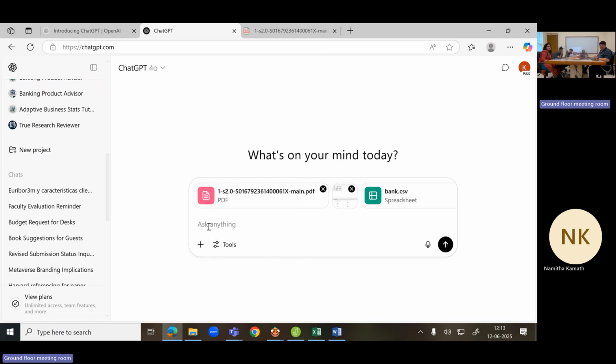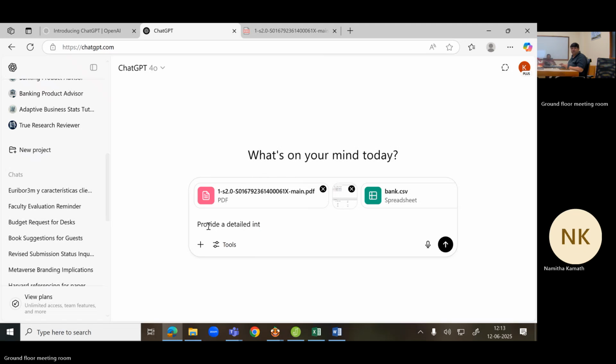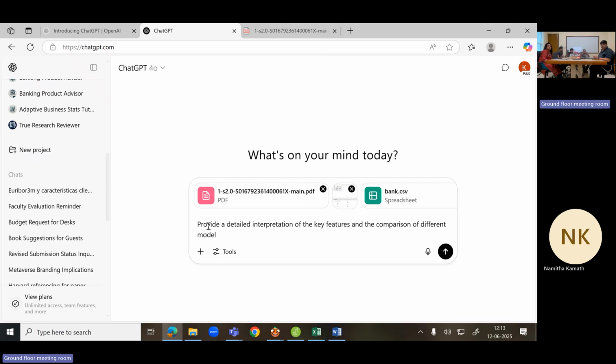Or you can just have a quick review: key features and the comparison of different models.